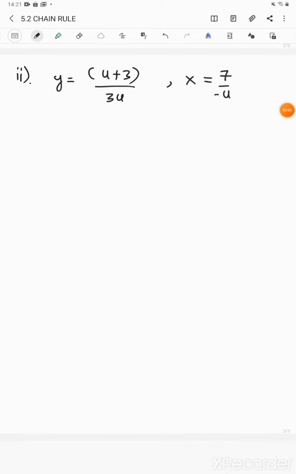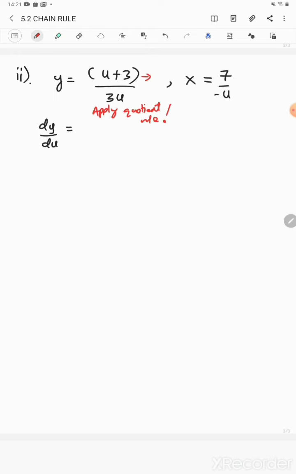See the second example. You have to differentiate dy over du. Since this one you can see is a division, you have to apply the quotient rule.